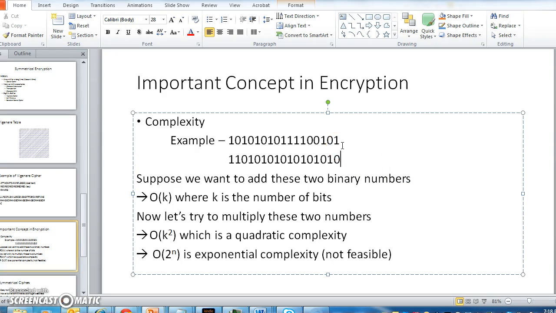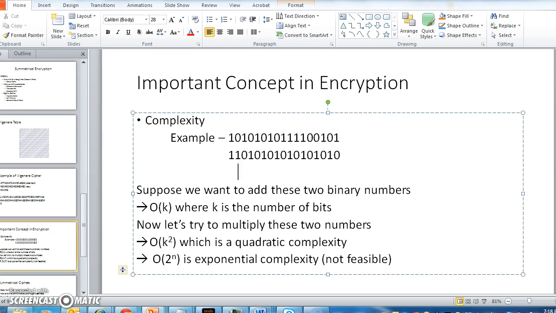Remember, binary numbers have ones and zeros only, right? So we're going to add them, right? So to add them, all you have to do is take 1 plus 0. The answer is what? 1 plus 0 is a 1, right? Let's line it up.